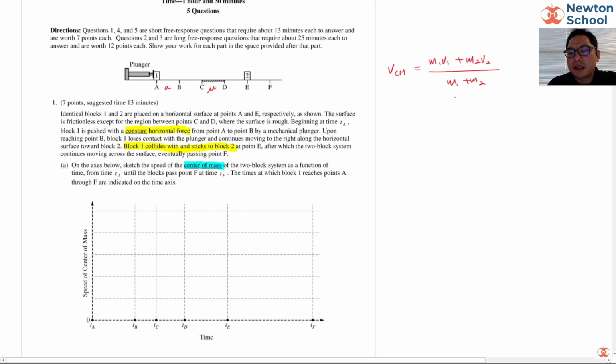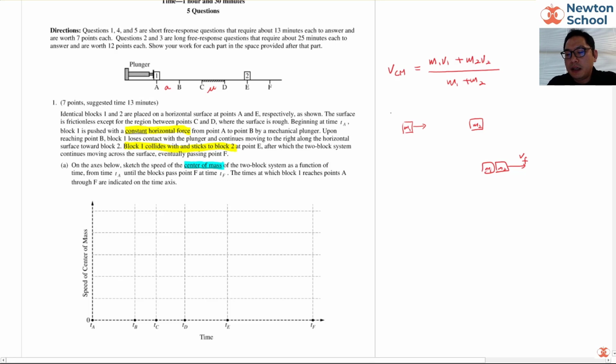Or you can imagine this as: there's M1 going this way, and let's say there's M2 stationary there, and if they move together as a completely inelastic collision, what is the final velocity?